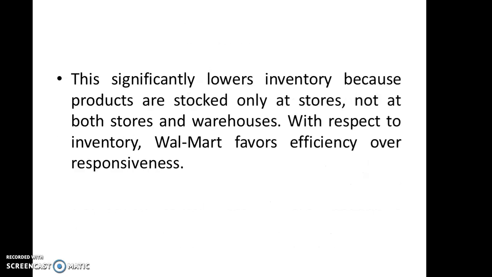This strategy lowers inventory needs because products are stocked only at stores, not at the warehouses. So Walmart uses the low inventory strategy, but it achieves both efficiency and responsiveness, though the priority is given to efficiency.